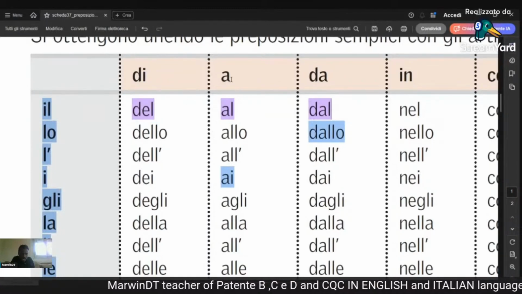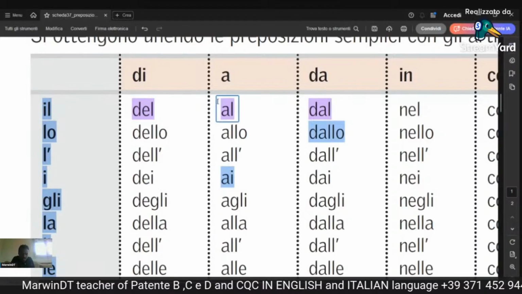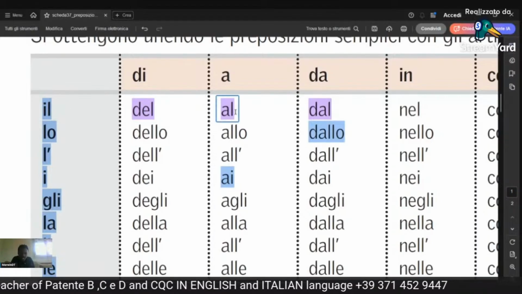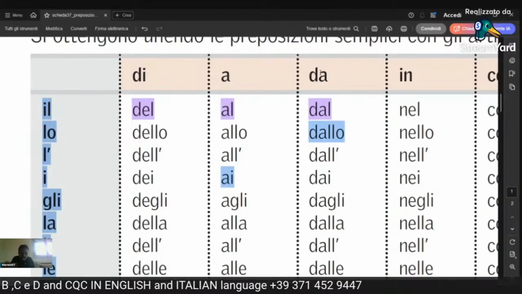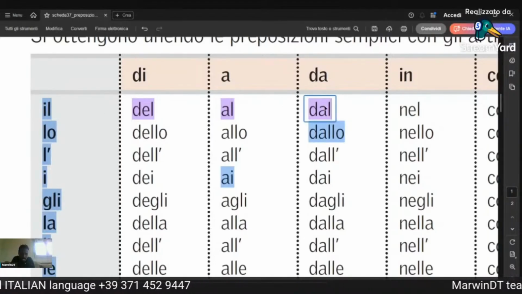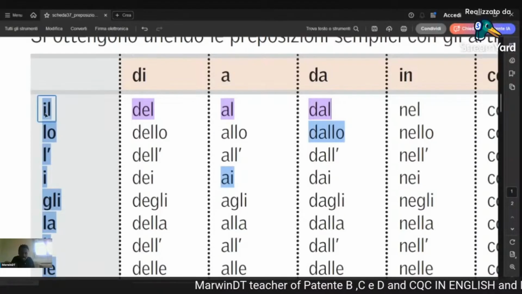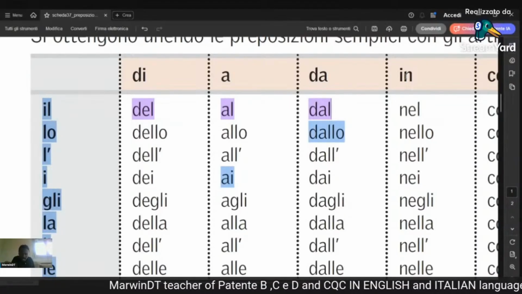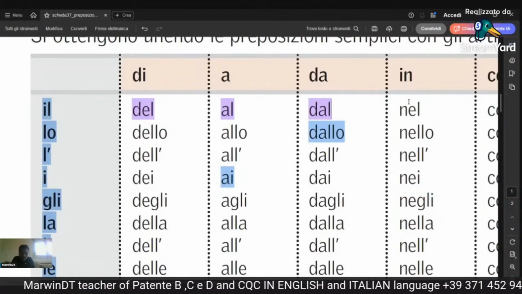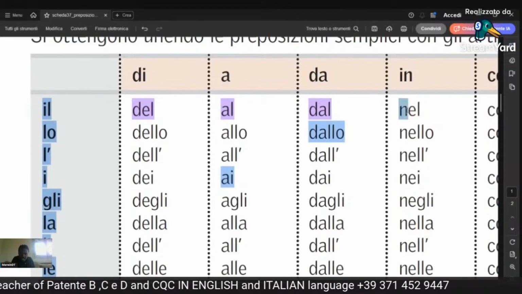And a, in addition with il, it becomes al, because the first letter will be the top one. Then da plus il will become dal. Are you following me carefully? Then in plus il, I repeat, in plus il will be nel.